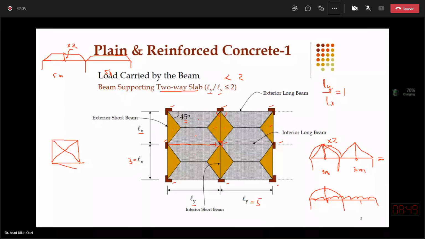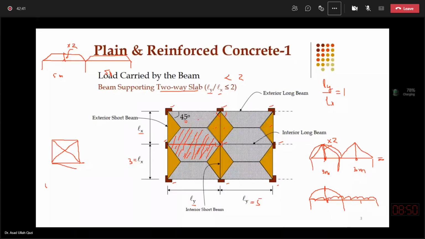To calculate that transverse width, which I will multiply with my ultimate pressure. For example, if there are two trapezoids as I'm hatching them, and I know the ultimate pressure on these two trapezoids, as I did the calculation for one-way slab, and I got the pressure as 11.65 kilonewton per meter square.